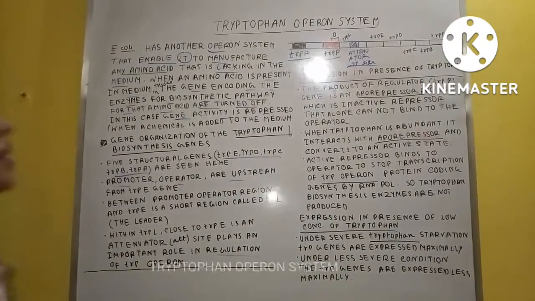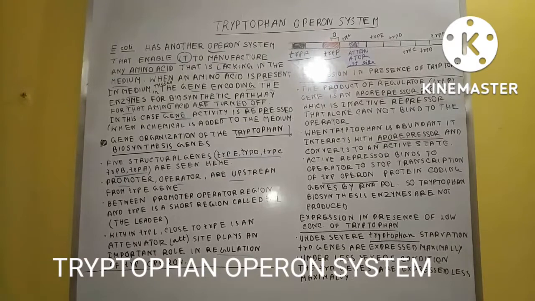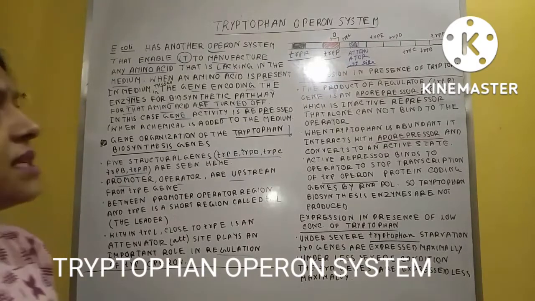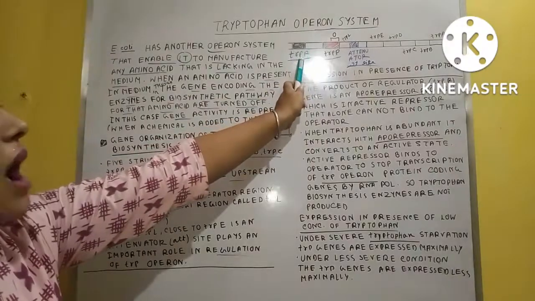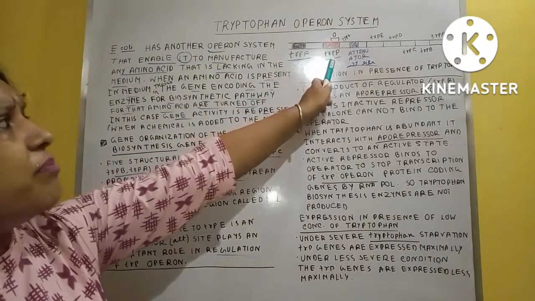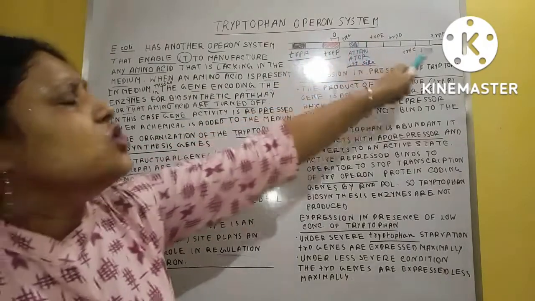Now we have to learn how the expression of the gene is seen in presence of tryptophan. The product of the regulator gene is an aporepressor protein, which is an inactive repressor, and that alone cannot bind to the operator. So what is actually happening here? You can see this is the TRYP-R regulator, this is the TRYP-P promoter and these are the genes.